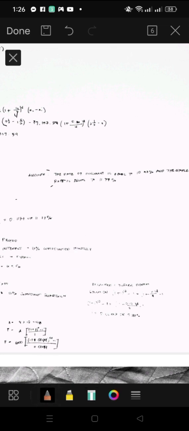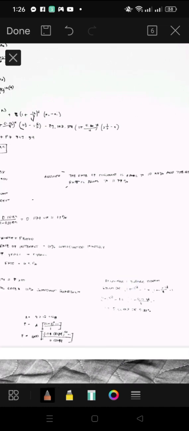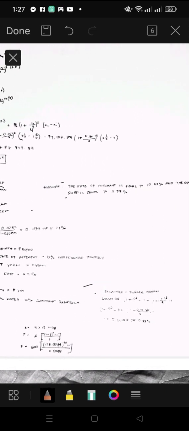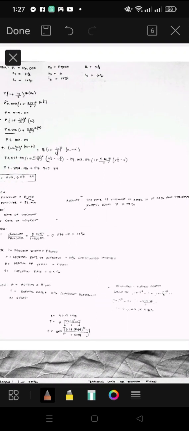So for the future worth, the required formula is F equal P quantity of 1 plus I over quantity of 1 plus I raised to the power of n. So substituting, 50,000 quantity of 1 plus 0.061677 over quantity of 1 plus 0.065 raised to the power of 5.